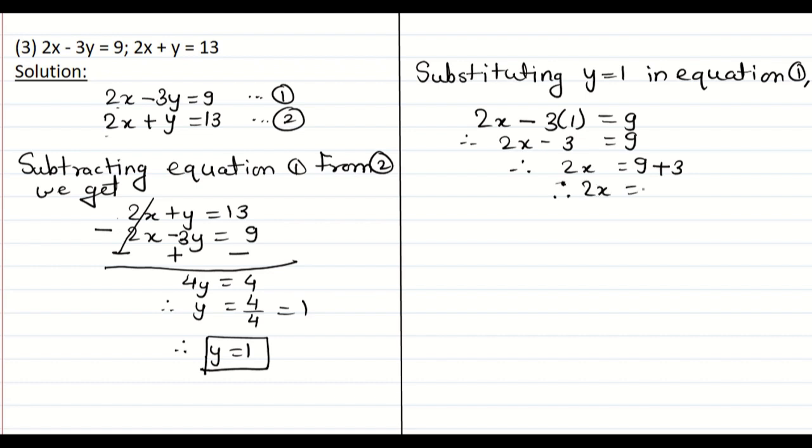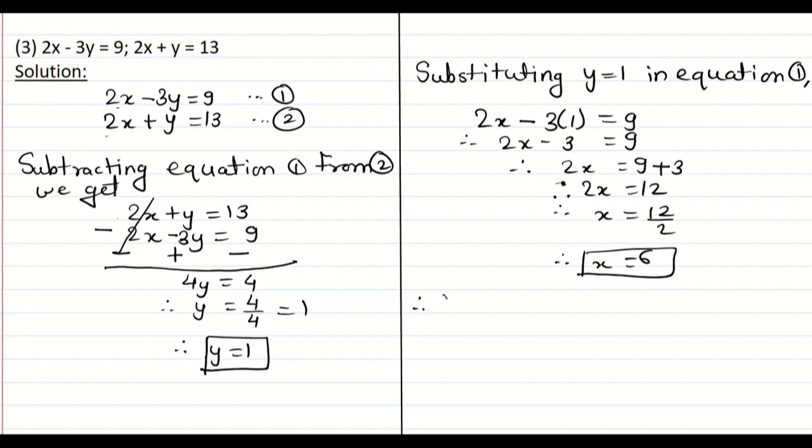Therefore, 2 times x equals 12. Hence, x equals 12 by 2. After dividing 12 by 2, we are left with 6.